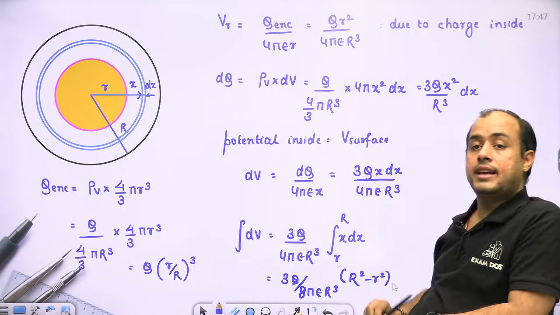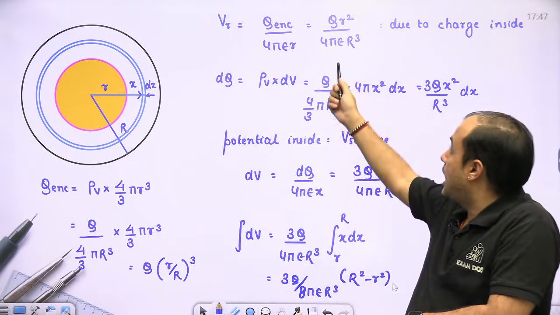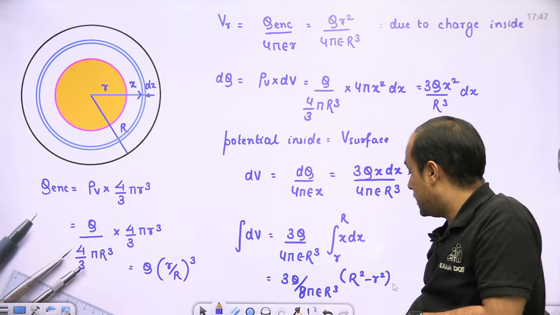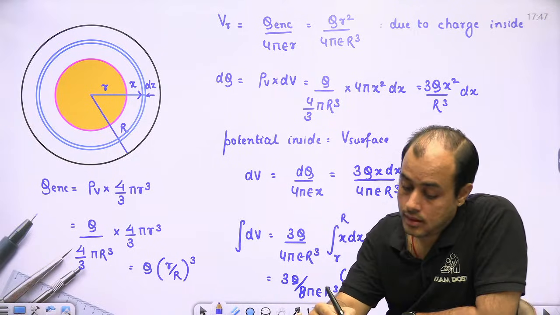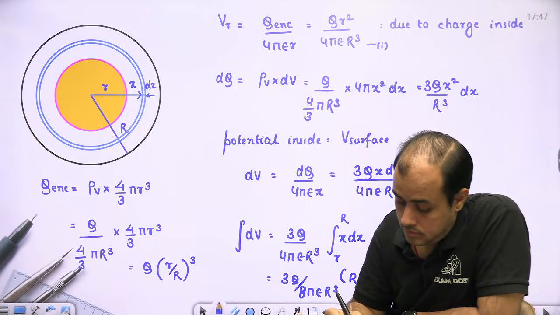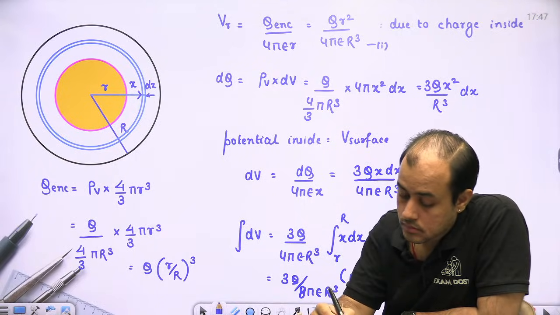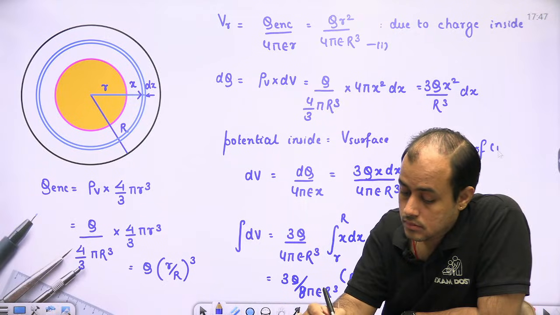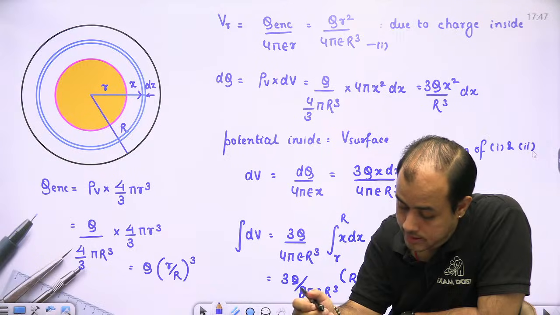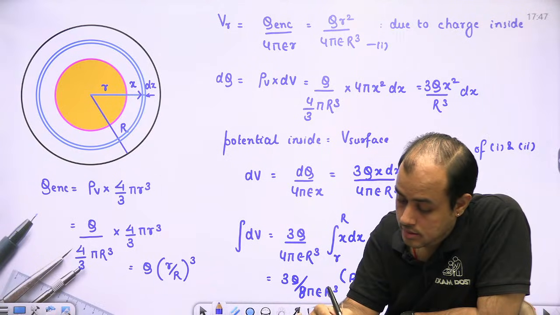integration of x will be x square by 2. Now you have to add the two values. Okay. So add the two values. Two q by 8 minus 3q by 8 by 8.